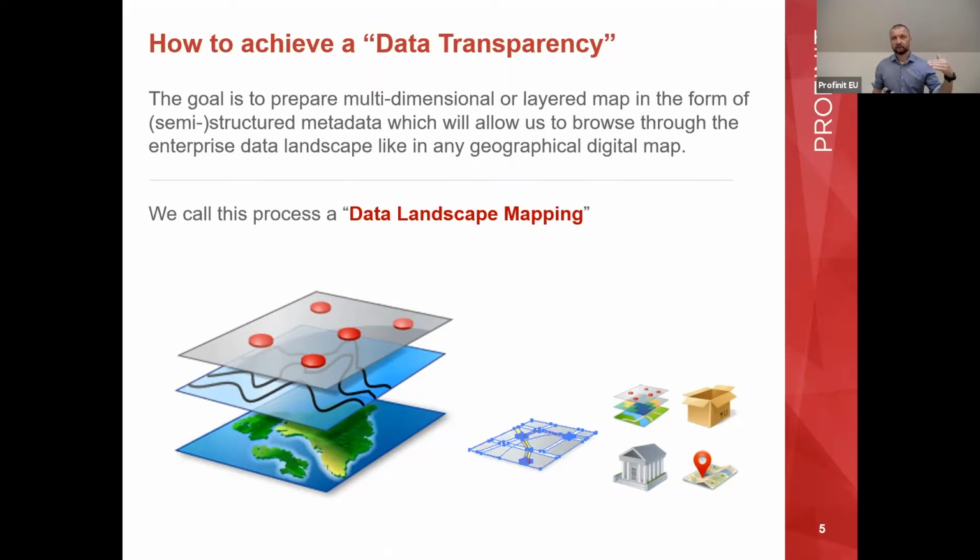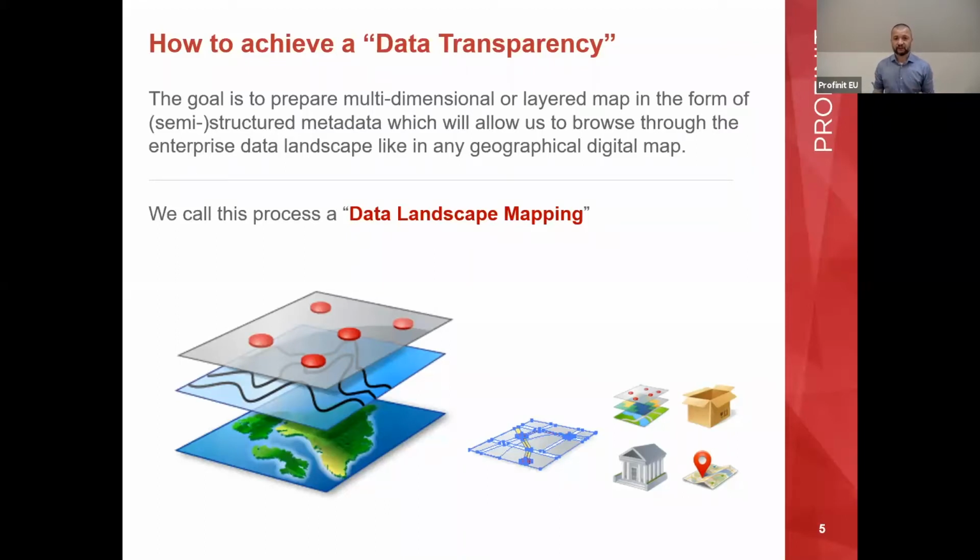And maybe I can even combine different layers. I can maybe combine hiking trails with a weather forecast or something like that. So I can combine different layers and see something new, something important about the landscape. And in our case, if this is not a terrain, an outdoor landscape, but the landscape of the data in our company, it is exactly the same.